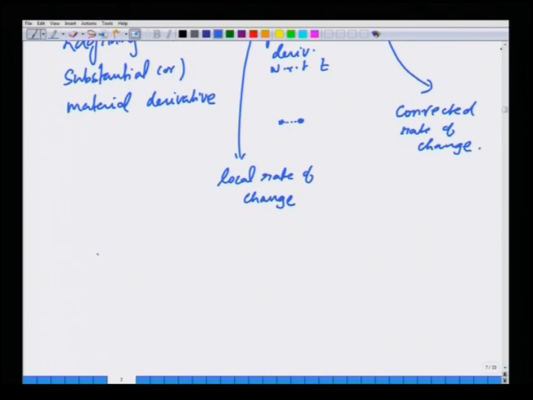So, in general, the rate of change of any property like temperature as a function of time for a fixed Lagrangian particle is given by the rate of change of temperature with respect to a fixed point in space. Okay, let us still keep x as a single variable.